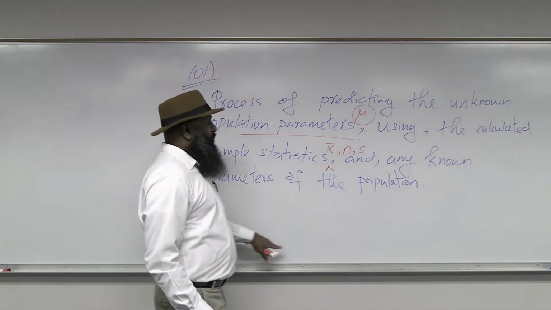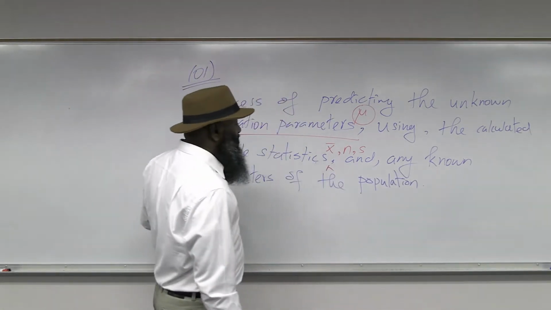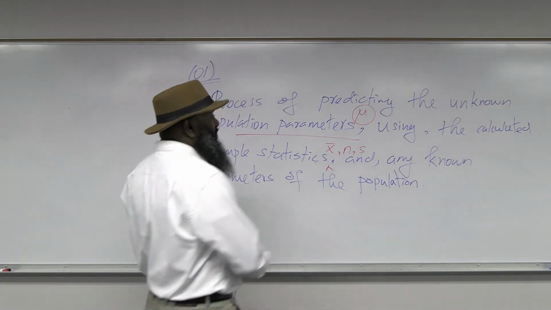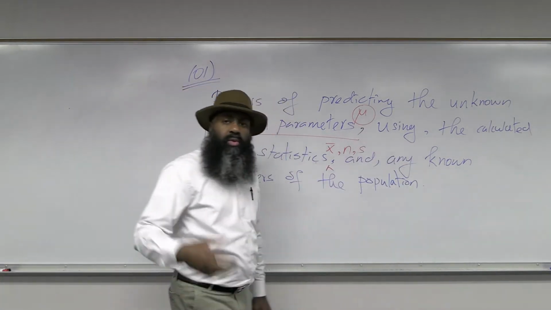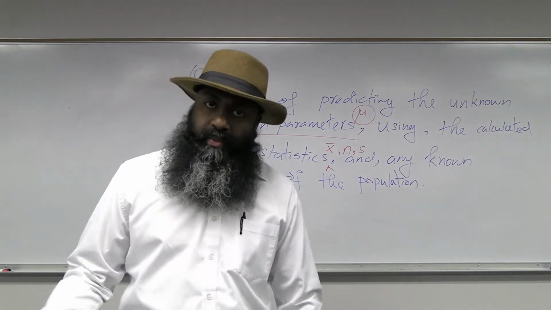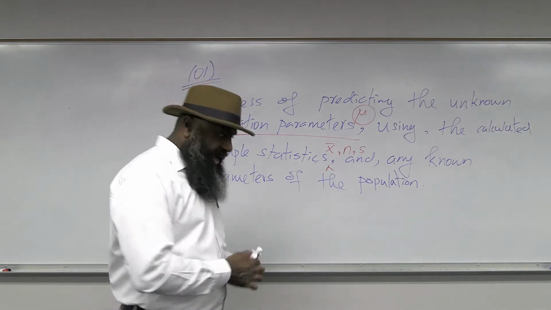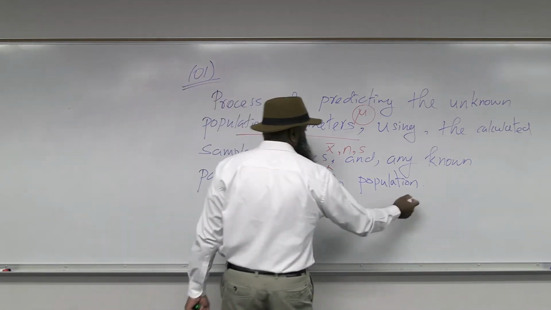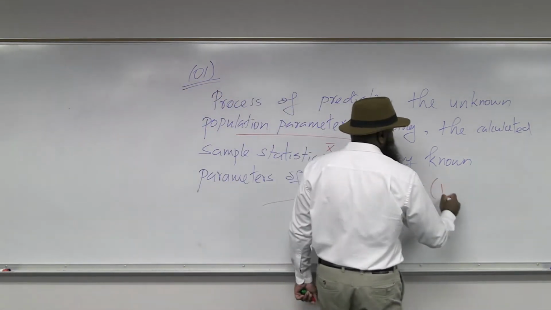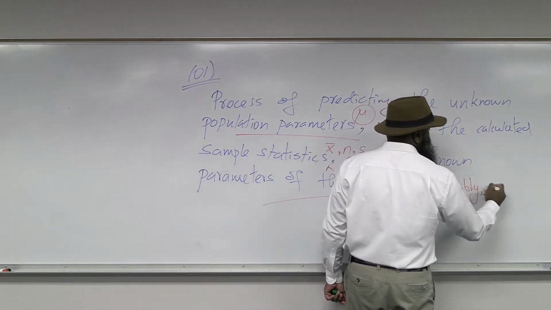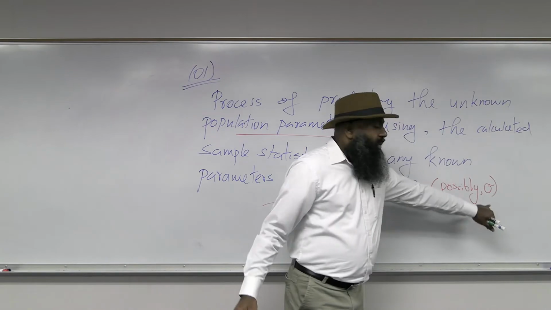And also we may use any known parameters of the population. Well, mu is definitely unknown. That's the reason we have to do hypothesis testing for mu. Now, in case if you know one parameter from the population, that parameter is possibly sigma. Okay, what is sigma?